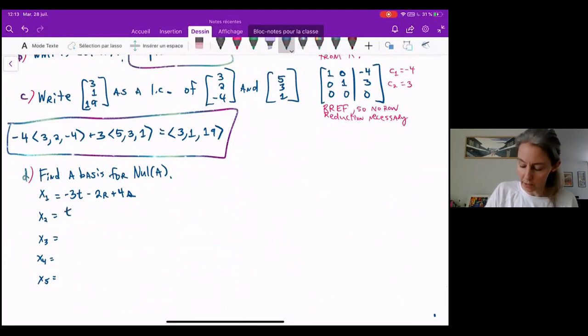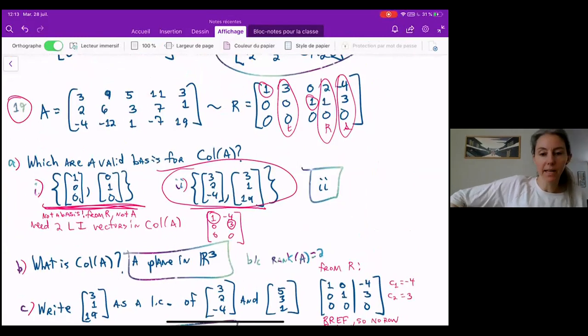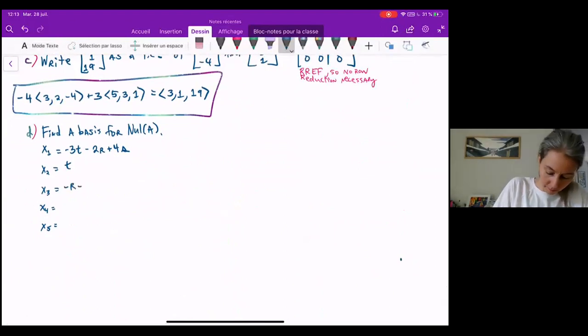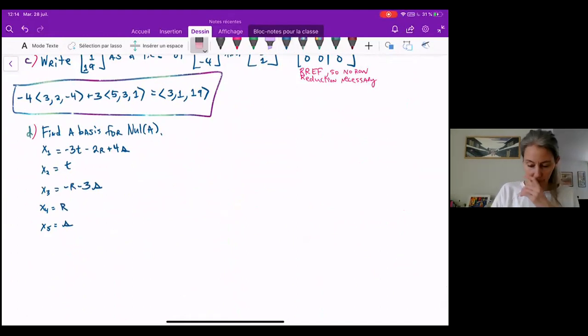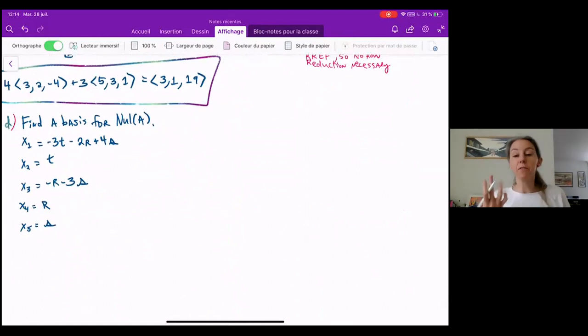Go back to the matrix. x3 is -r - 3s. And then these are also free variables. So now I have 3 parameters from my 3 free variables, 3 vectors in my equation. Those give me my basis.